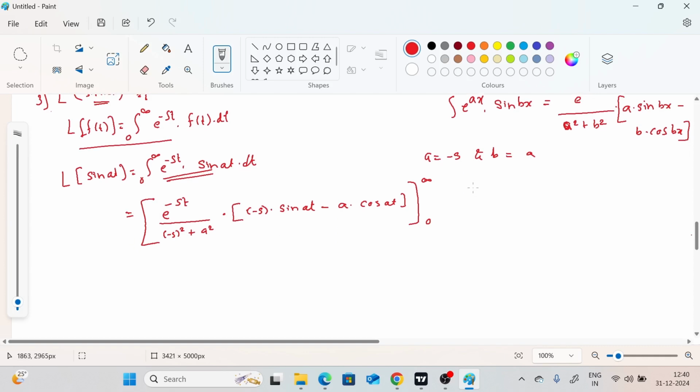Just simple steps, no need to stress over what we did. It is a simple integration of e raised to ax sin bx. We have the standard formula and we use the same formula in our equation. The only thing is we have constants a equal to minus s and b equal to a. That's it.